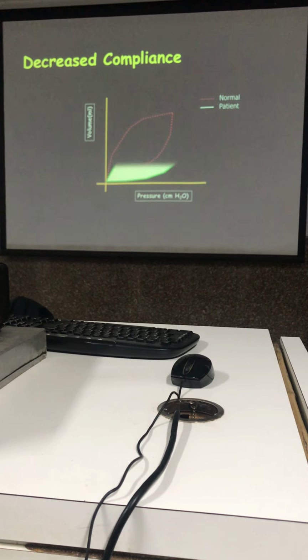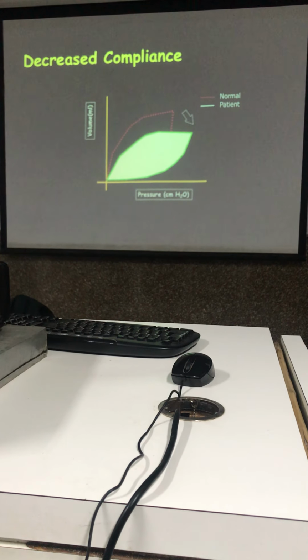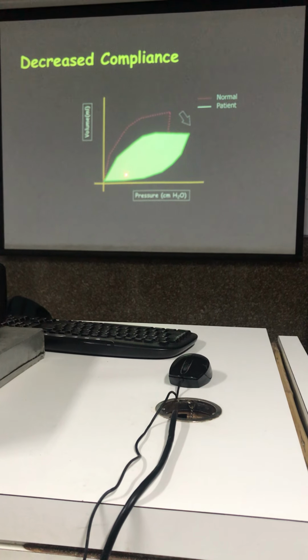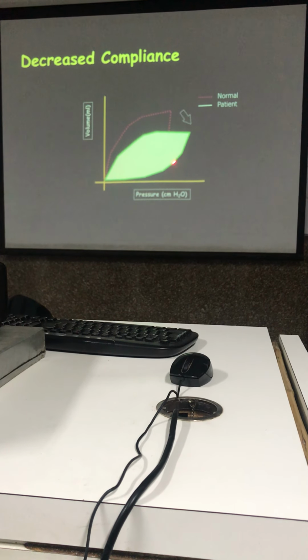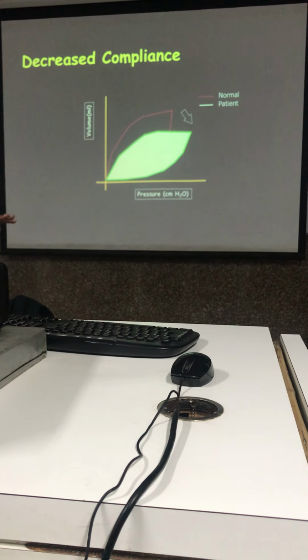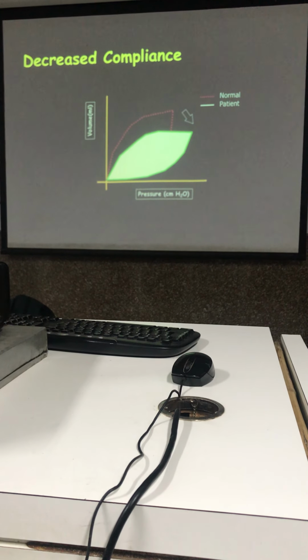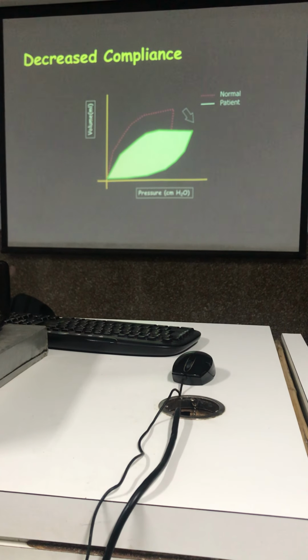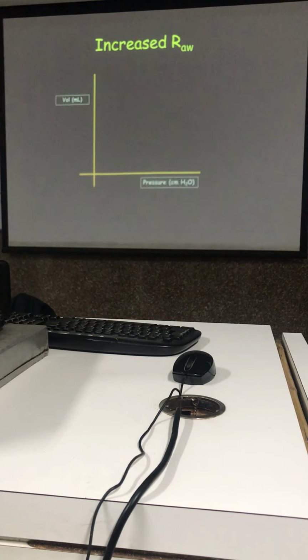So in decreased compliance, you will see that this is what happens. This is what a normal patient looks like. In decreased compliance, this is what it looks like. So there is a clear movement of the PV curve to a flatter or more decreased angle in these people.